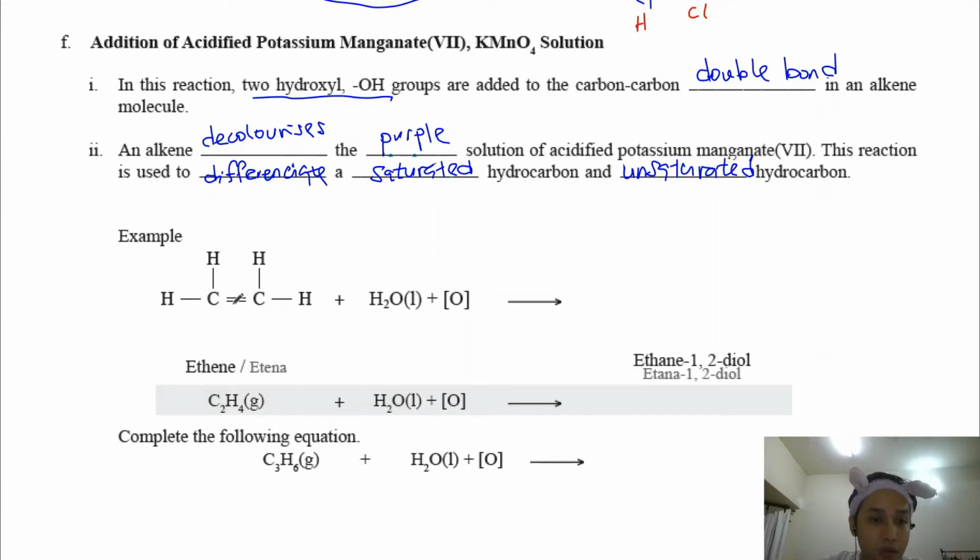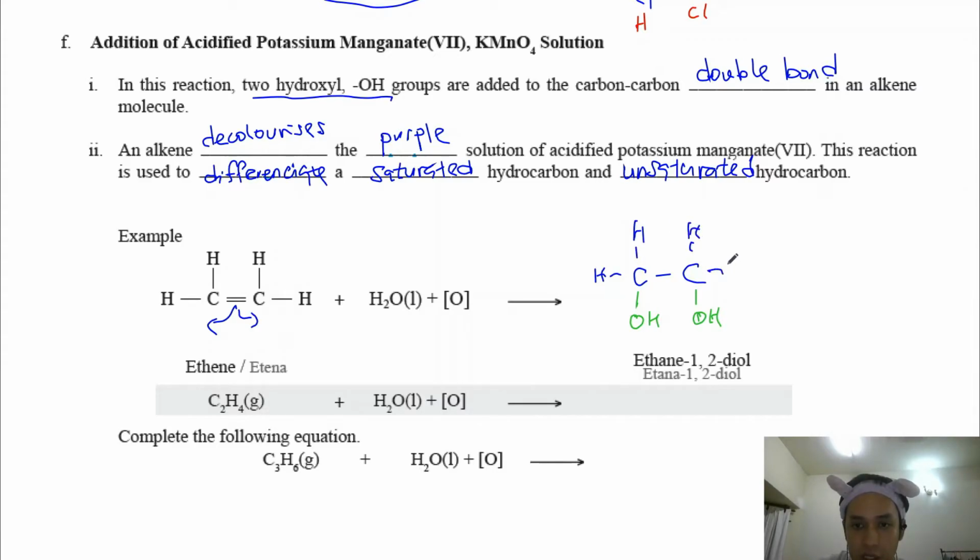Again, break up the bonds, so C, C, and then you are going to add in two OH groups, meaning one goes here, the other one goes here. So two hydroxyl groups.